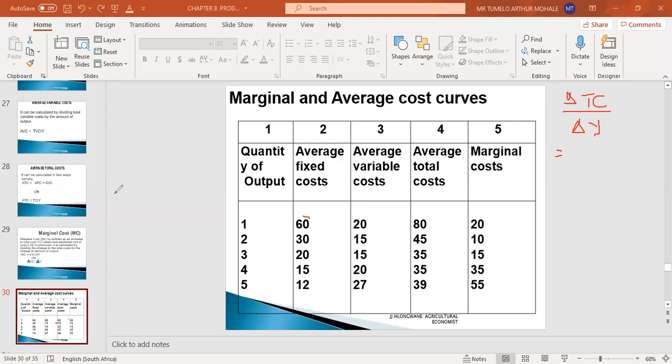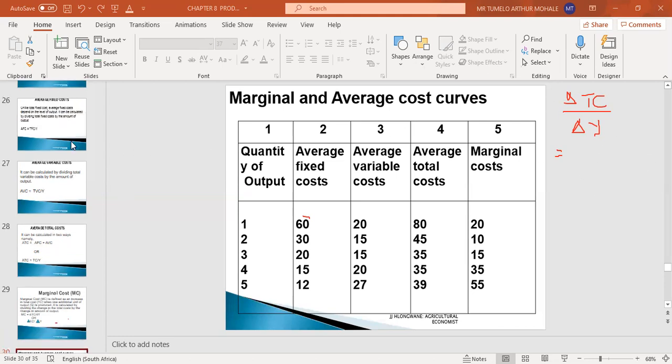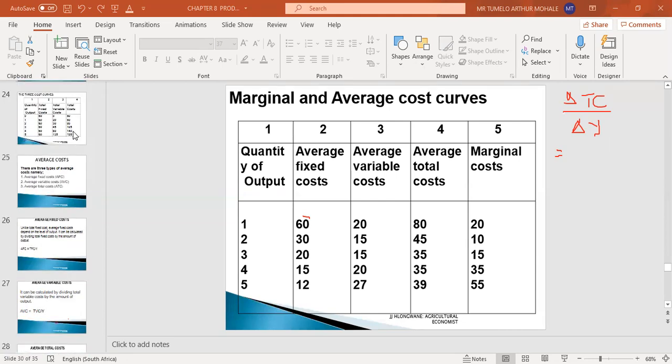But that other information, that other table, okay, let me see here. We don't have total costs here. We have the average total costs, the average variable cost, and the average fixed cost.